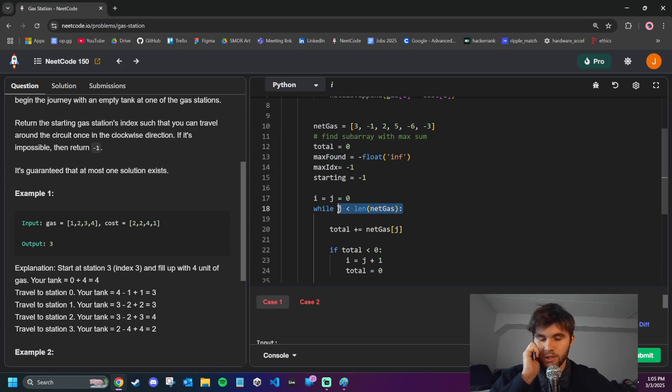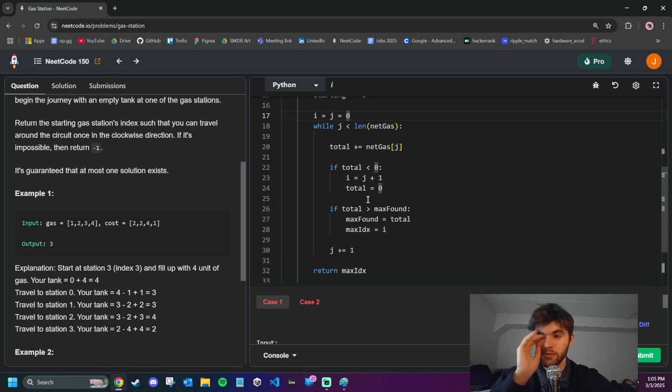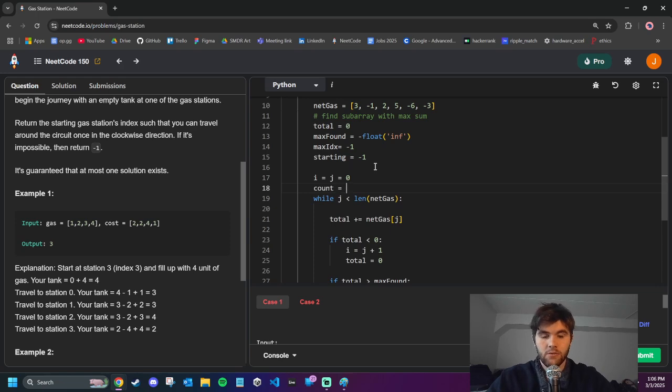we don't want J to stop here, actually. When do we want J to stop? So we want J to move length of gas times. So we could say count equals length of net gas.